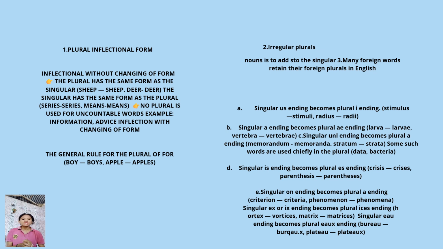The first is singular us ending becoming plural i ending, like stimulus becomes stimuli, and radius becomes radii. The second is singular a ending becoming plural ae ending, like larva becomes larvae, and vertebra becomes vertebrae.